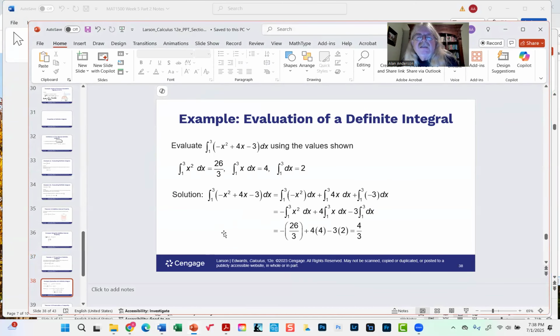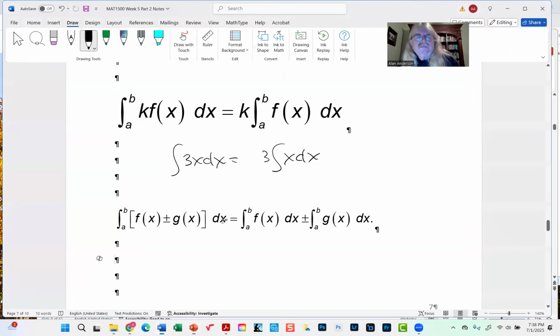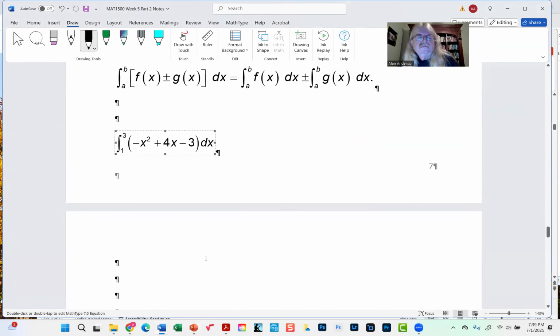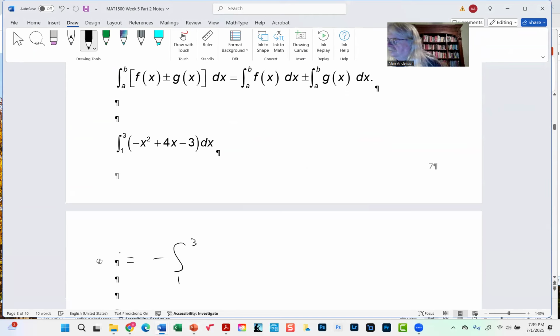So yeah, here's what they want us to do. Split it up into 3 parts. Factor out the constants.